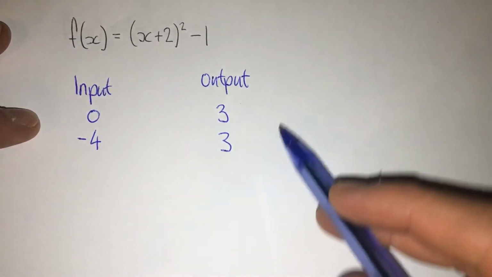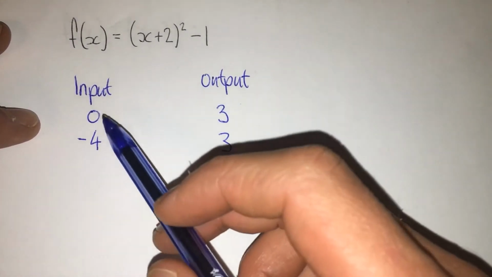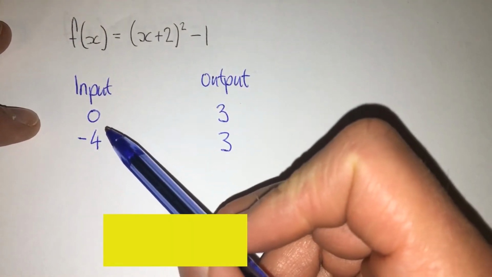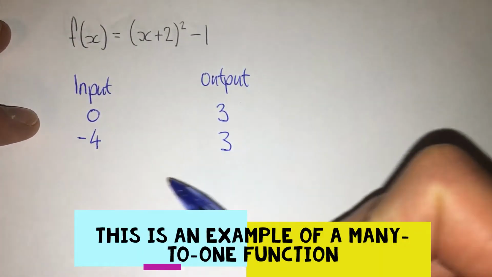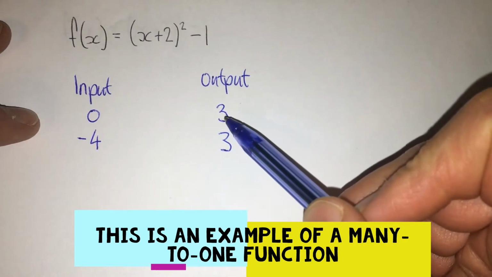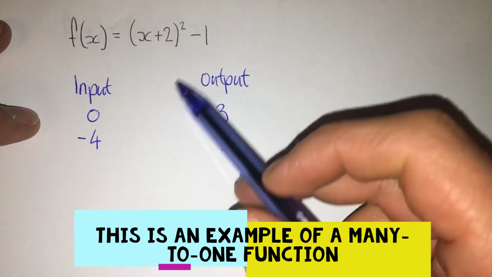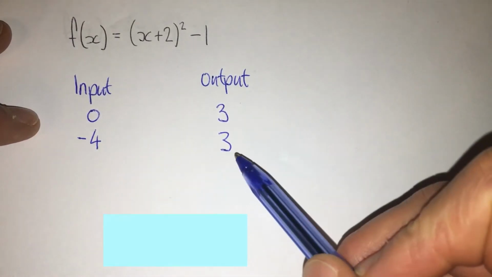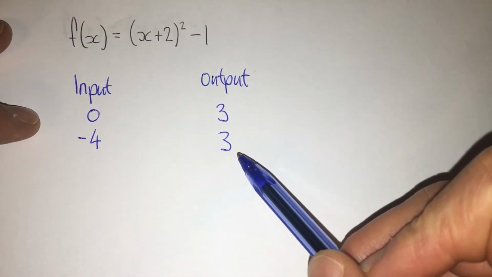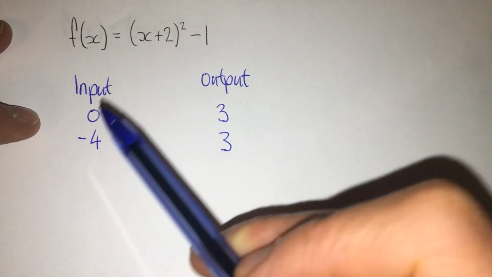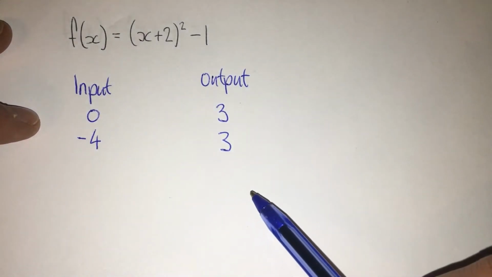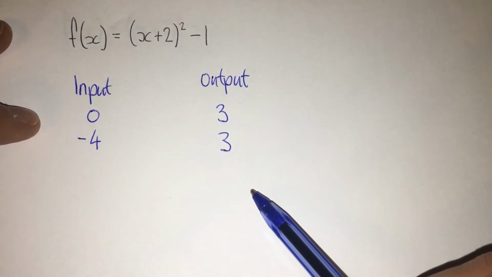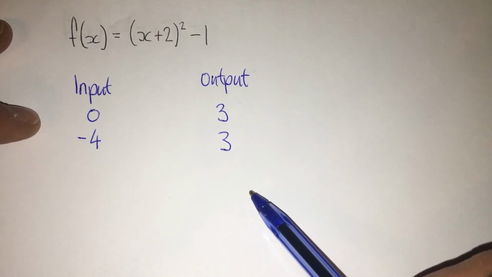Now that's allowed in a function because each input is related to exactly one output. This case here with the squaring is called a many-to-one function. But you cannot have a one-to-many function, and we'll talk more about that later.